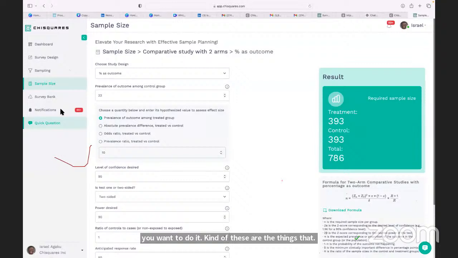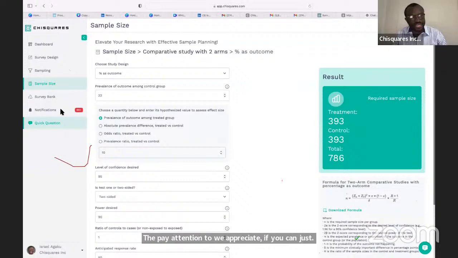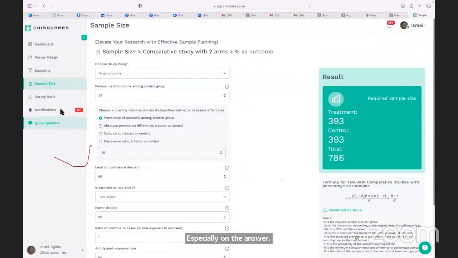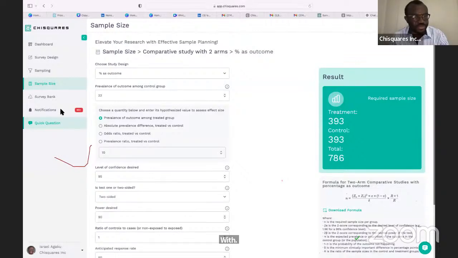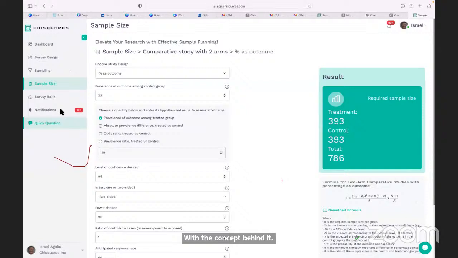So we would appreciate if you can expatiate on them, sir. On which one exactly? On how we can get the power, because I'm kind of confused with the concept behind it. The power? Yes, sir. You said the power is driven by the smaller arm.